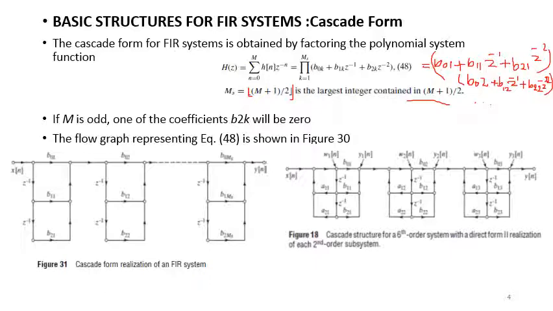So in this case, if M is odd, that's quite straightforward, we'll have one of the coefficients b2k that will be 0.